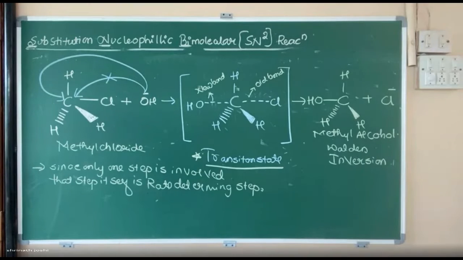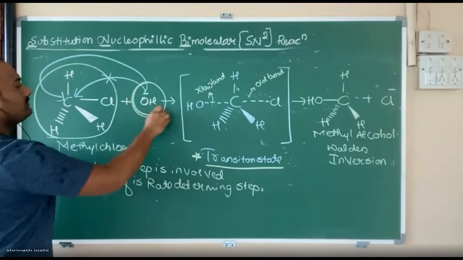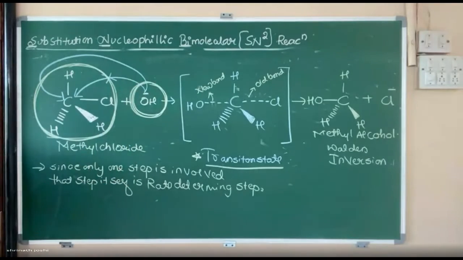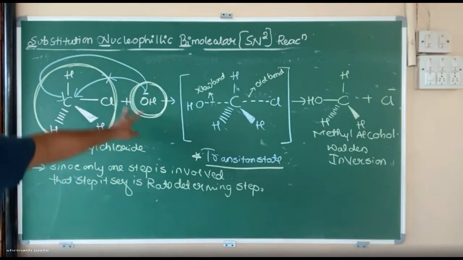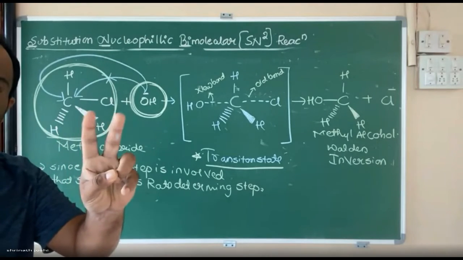No. Now tell me, in the RDS, how many reactant molecules are present? This is one reactant molecule. This is another reactant molecule. How many molecules are there on the reactant side? Two are there, no?